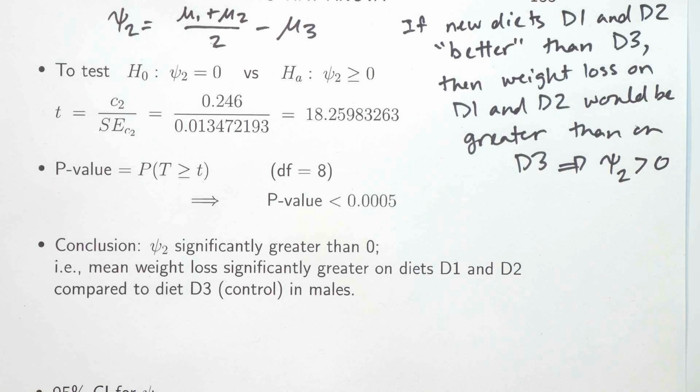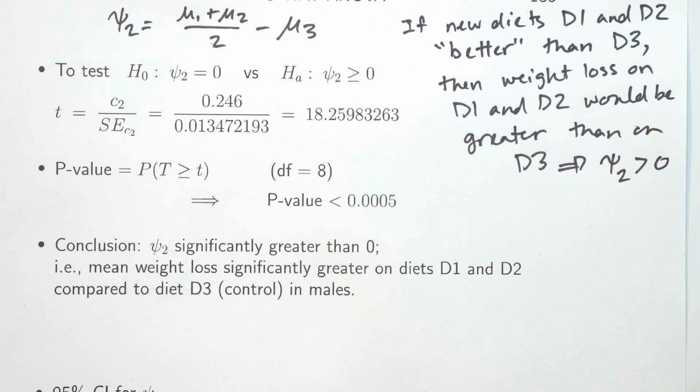And what we see is that 18 is a very, very large value that doesn't actually appear on the table. So we know that our p-value is less than 0.0005 because that's the smallest upper tail probability that's available on the table. So that is giving us sufficient evidence at the 5% level, 1% level.